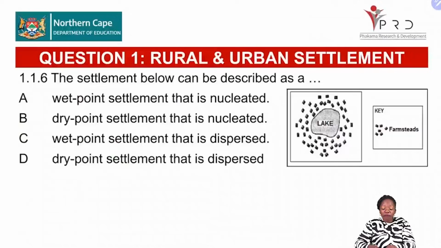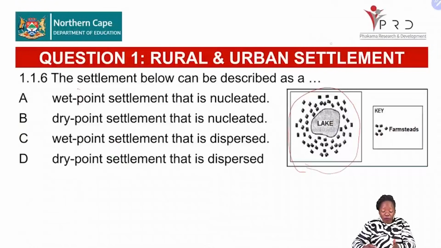Then we're looking at our question 1.1.6. The settlement below can be described as, and you have a diagram there with a key. In that key, it's a farmstead. Look at the shape that this farmstead has made, and also what causes this shape. We are looking at the lake there. So the settlement below can be described as, we are looking at the type of rural settlement. Is that a wet point settlement that is nucleated?